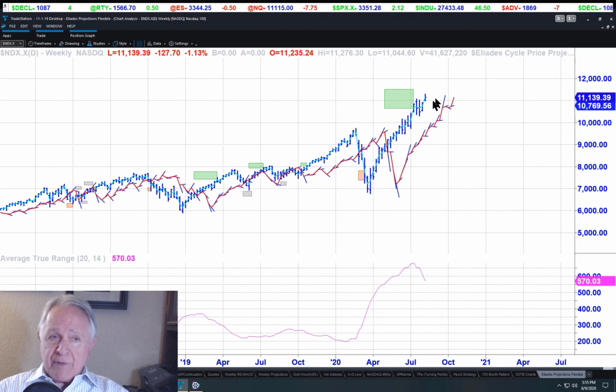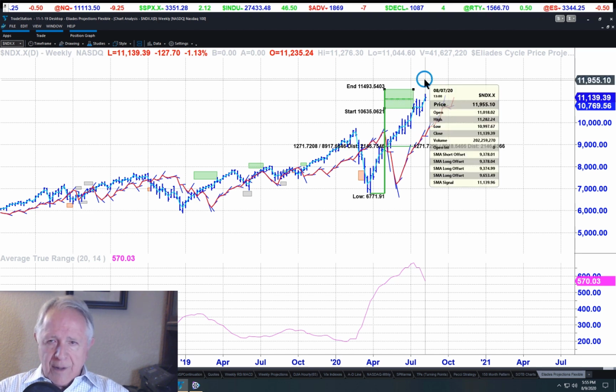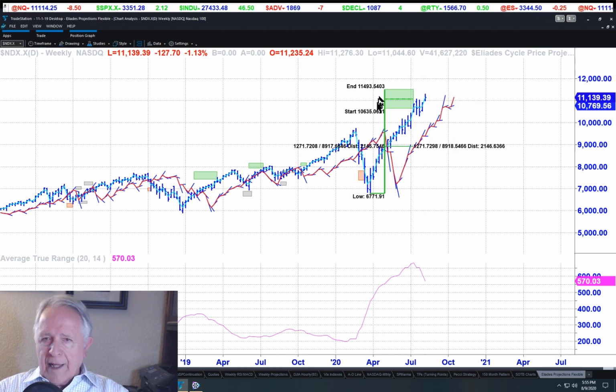So this is the upside projection, a nominal 20-week upside projection, calling for 10,635.06 up to 11,493.54. Okay, so that's the range. Last week's high was 11,282.24. We are right in the heart of this projection window.